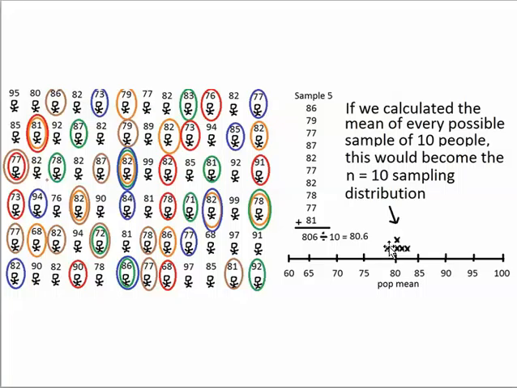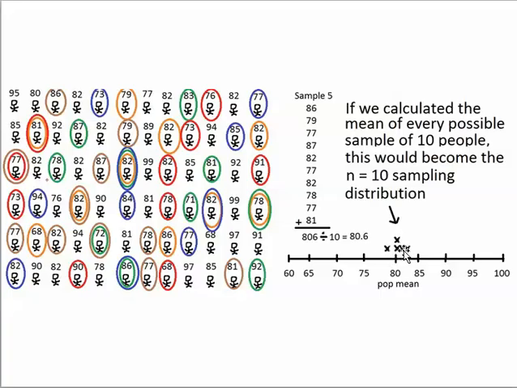And later on, we'll talk more about how spread out these possible samples are from each other. There's actually a term for the amount of dispersion that's in the possible samples. It's called the standard error.